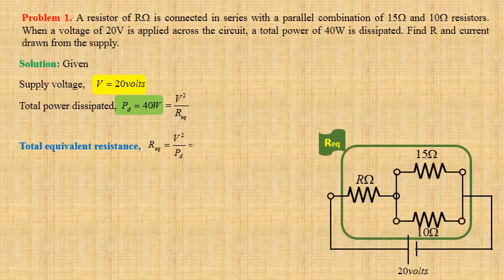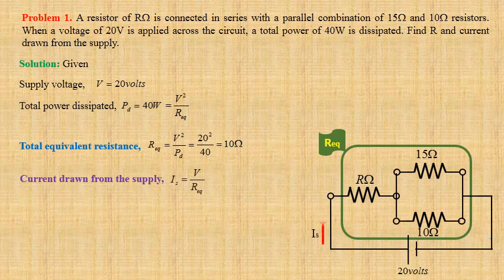Using values we get 20 square divided by 40, that gives us 10 ohm. Current drawn from the supply Is equals V divided by Req. Using values we get 20 divided by 10, that is equal to 2 ampere.